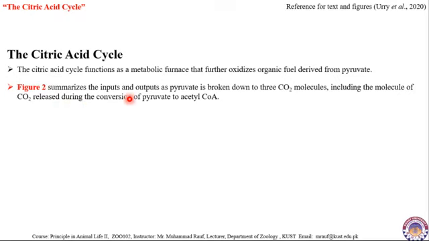Figure 2 summarizes the input and output as pyruvate is broken down to 3 carbon dioxide molecules. Because pyruvate has 3 carbons, all those 3 carbons are liberated as carbon dioxide molecules, including the molecule of CO2 released during the conversion of pyruvate to acetyl coenzyme A. So during the conversion, the 3-carbon pyruvate molecule loses 1 carbon, and then it loses a further 2 carbons in the Krebs cycle.